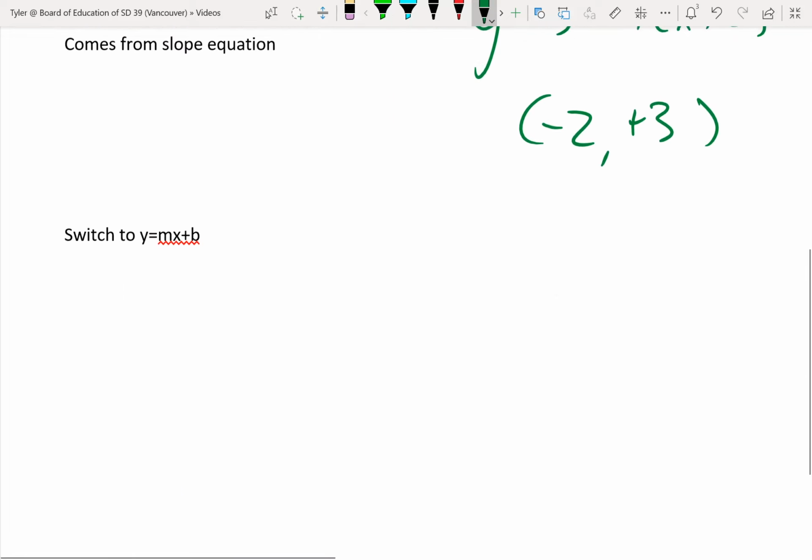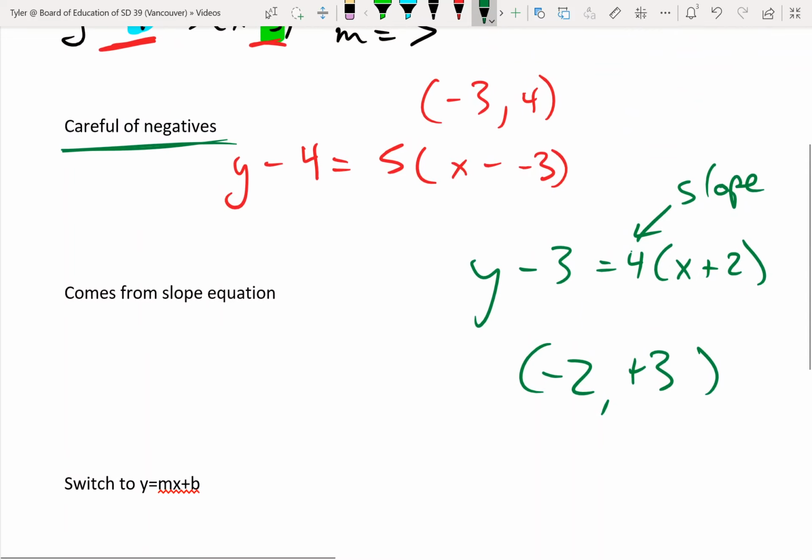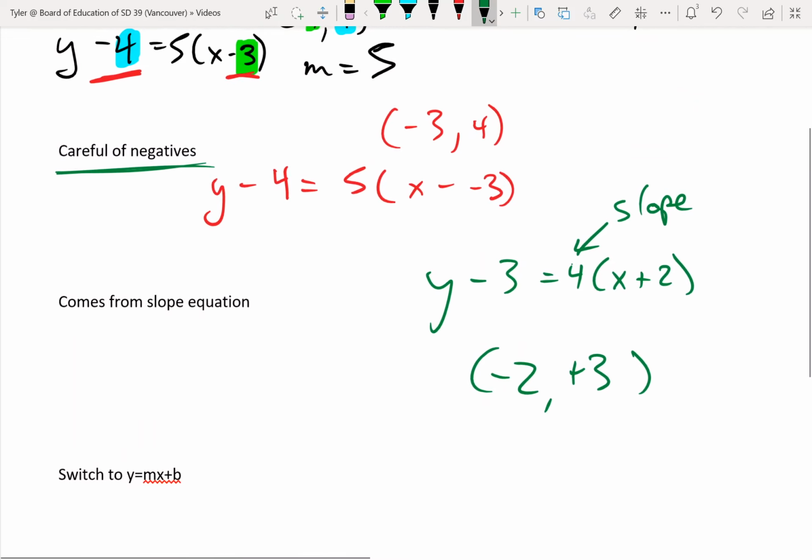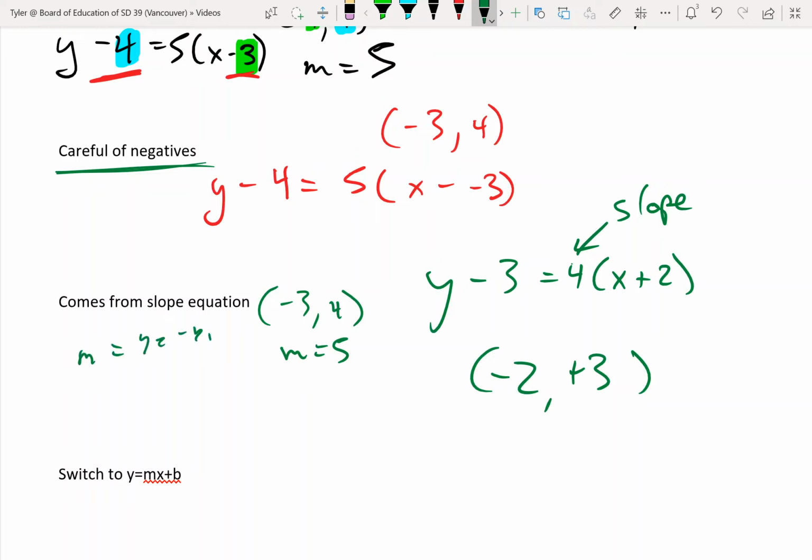The other main skill that you need to know, well, let's see where this comes from. The equation comes from the slope equation. So let's use the numbers we had: negative 3, 4, and the slope is 5. I'm going to write the slope equation, y2 minus y1 over x2 minus x1.